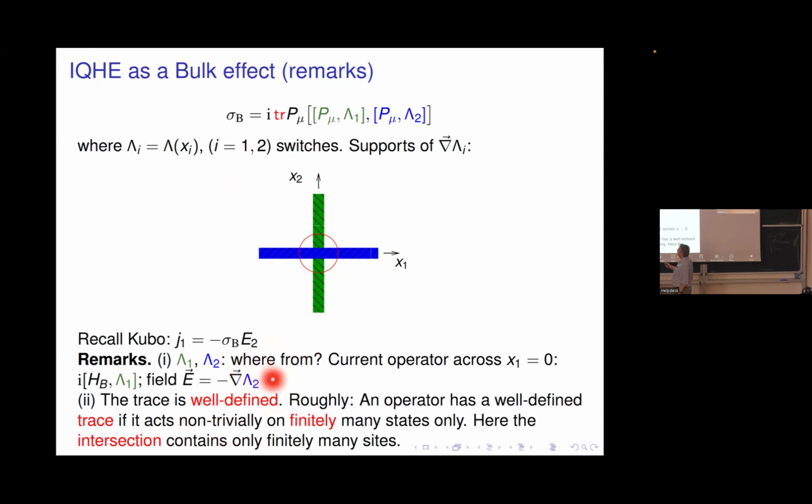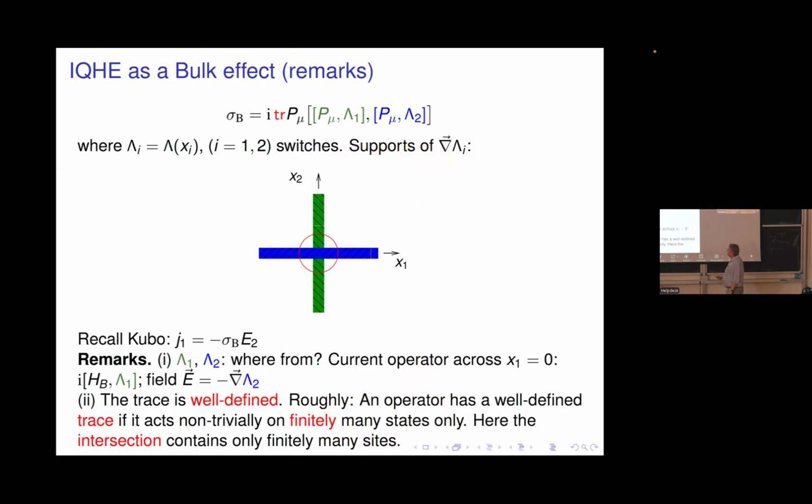So the electric field would be minus the gradient of lambda 2. And so the current that flows when you have a potential drop of just 1, like the switch function has, would be the current across the ceiling, equal to the current density. So both lambda 1 and lambda 2 have a physical origin by which they appear, finally, after some manipulations.